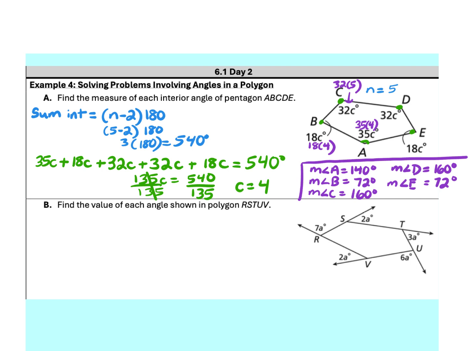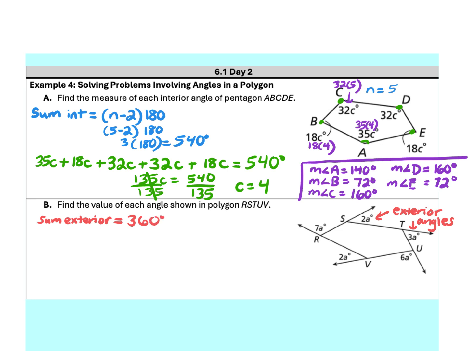Let's try another example. Notice that in this polygon here, we actually don't have the interior angles. These are all exterior angles. And in day one, we learned that in any polygon that's convex, the total sum of the exterior angles is always 360 degrees.